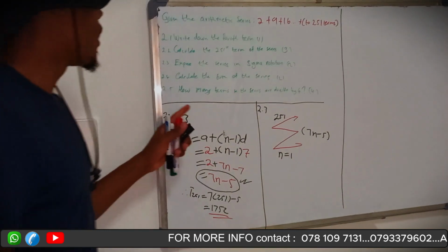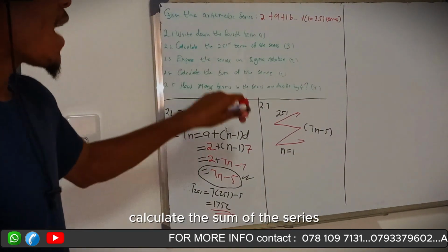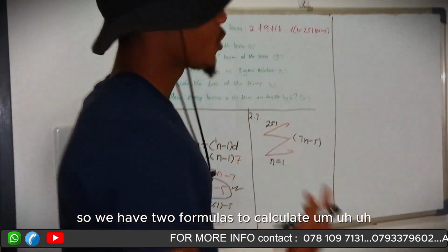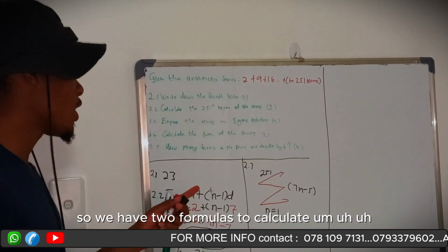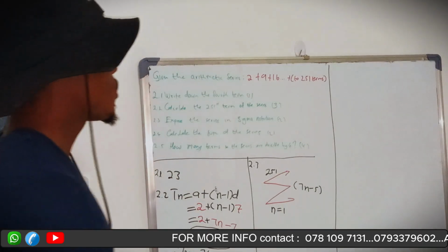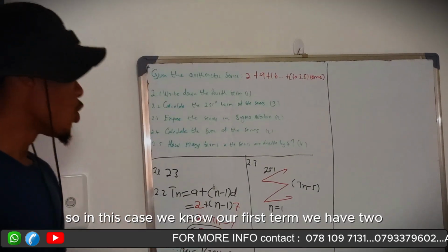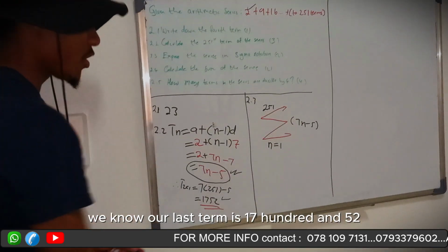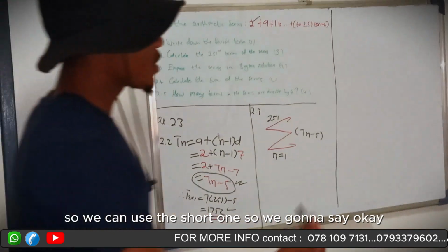Calculate the sum of the series. We have two formulas to calculate the sum of an arithmetic series. In this case, we know our first term is 2, and we know our last term is 1752. So we can use the short one.